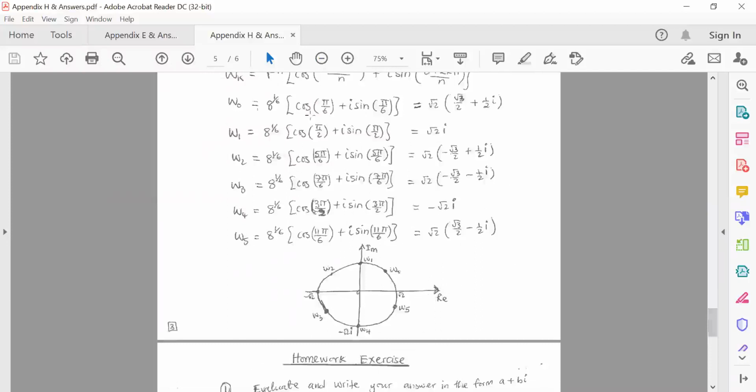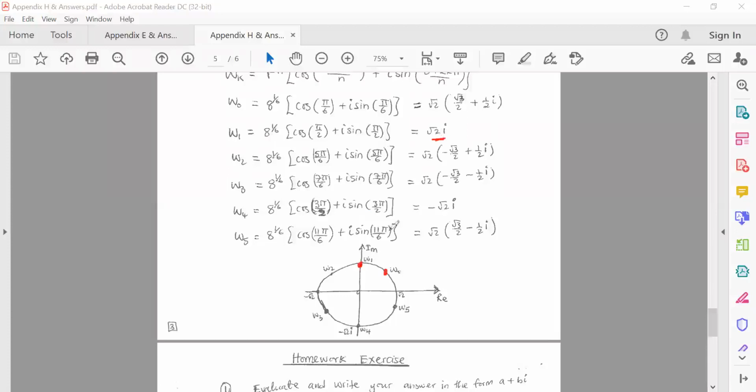Notice it, W0 lies somewhere in the first quadrant, so it lies somewhere there, all right? And W1, you only have the imaginary part, there's no real part. The only way that is true is if it lies on this line. You see why it's there.